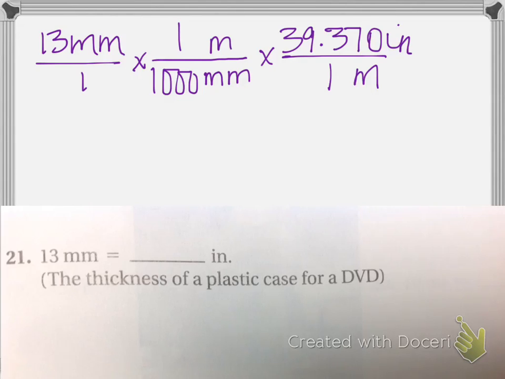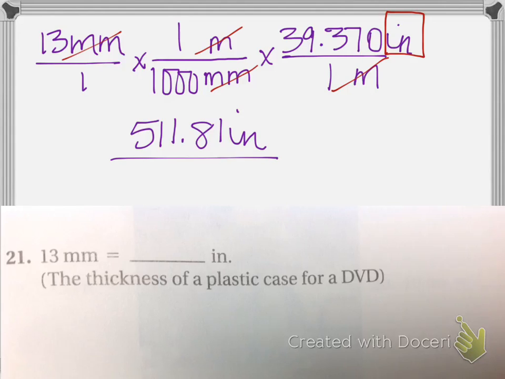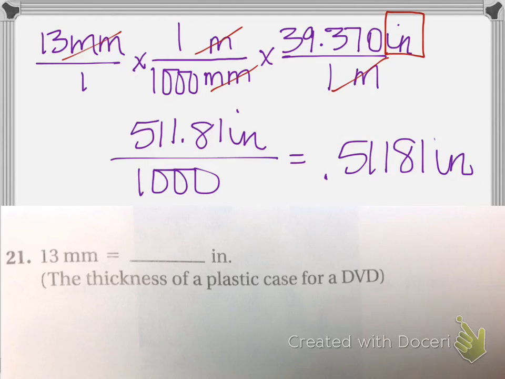Now when I cancel my units, meters cancel, millimeters cancel, and I'm left with just inches. Now to do the math, multiply straight across. So I'm going to have 13 times 39.370, which is 511.81 inches, over my 1 times 1,000 times 1, which is 1,000. And that's going to give me 0.51181 inches, or it's about a half an inch.